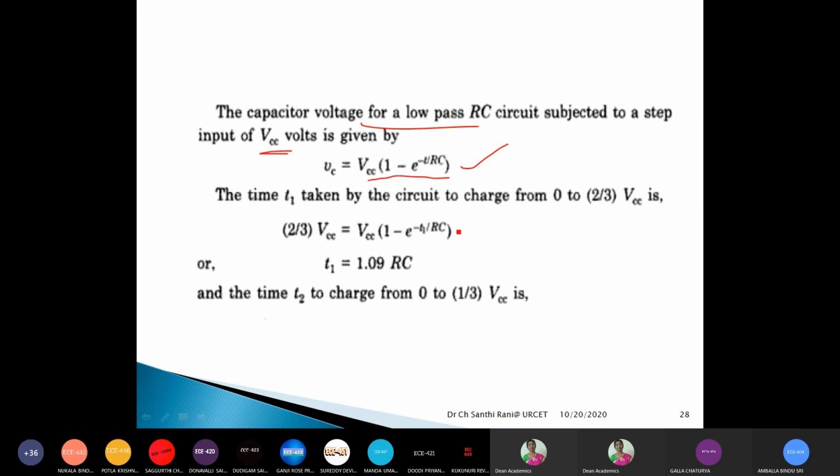VC is equal to VCC into 1 minus e power minus t by RC. This is the voltage across the capacitor for a step input voltage of VCC when we apply it.